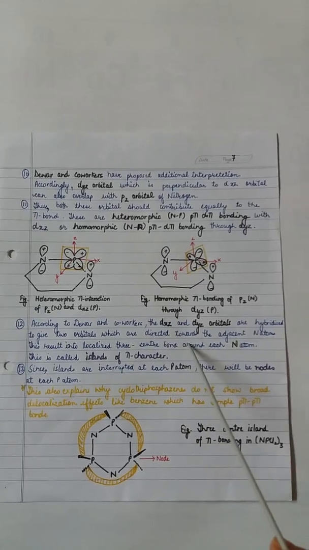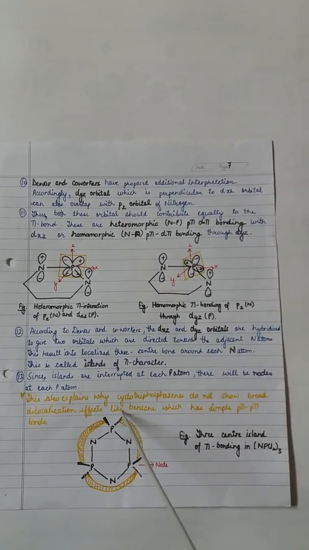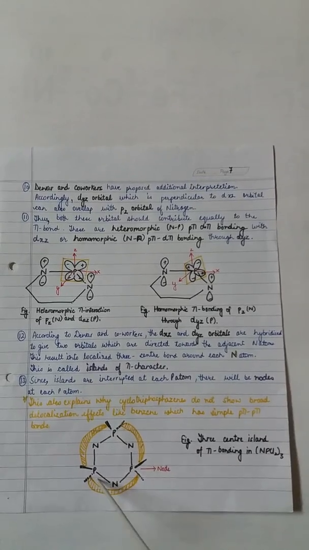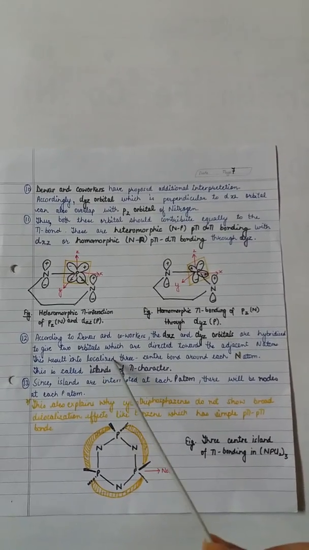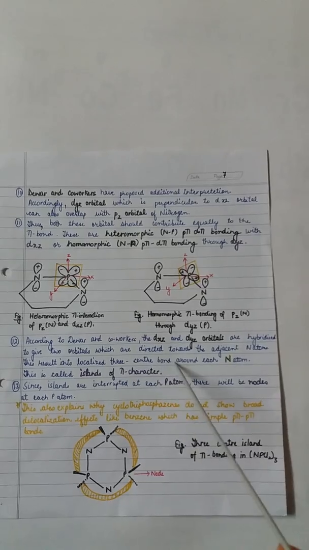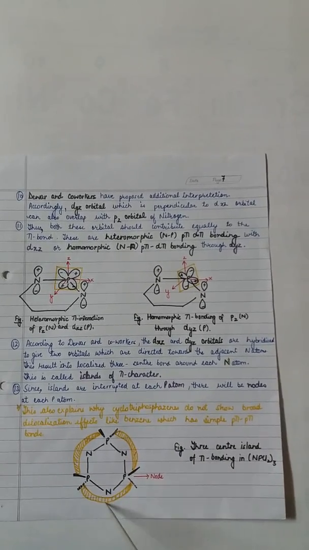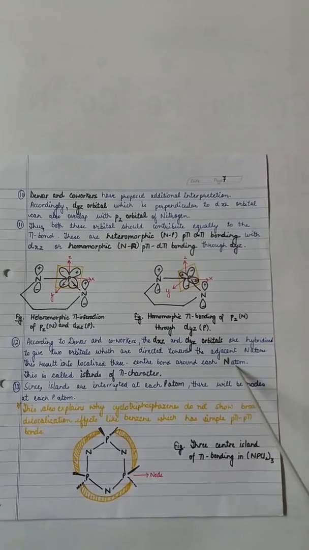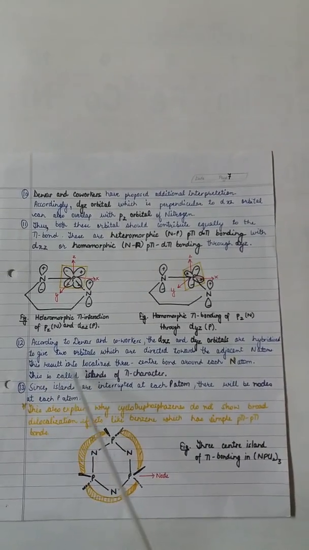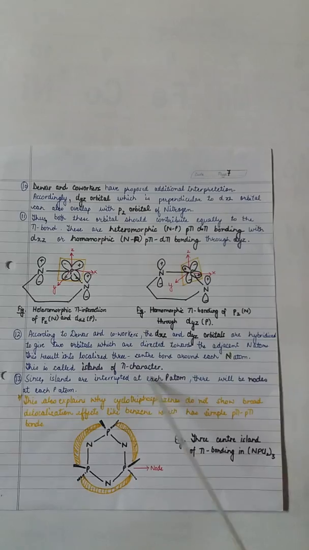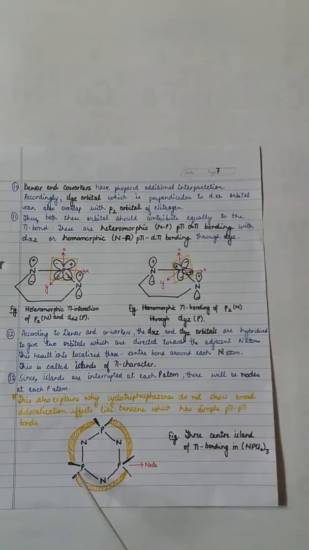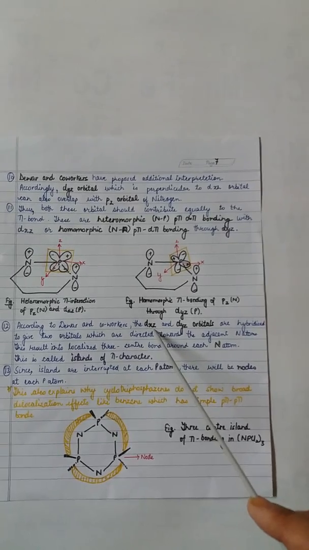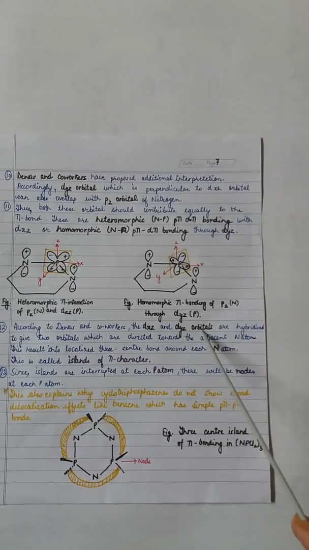Due to that, there is the formation of an island kind of structure, which results in a localized 3-center bond. These are 3 centers, so this is a 3-center bond around each nitrogen atom. These are called the islands of pi character, which are formed due to the hybridization of dxz and dyz orbitals.